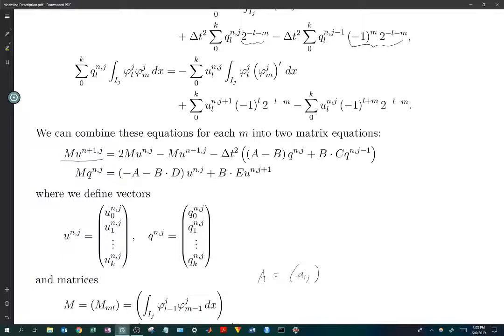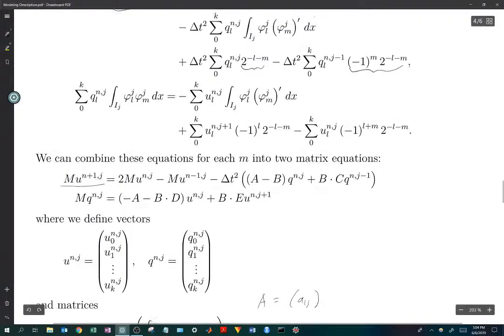The matrix needs to correspond to the index of the m value, not the m value itself. So the first row of this matrix corresponds to lowercase m equals 0, the second row corresponds to lowercase m equals 1, etc. That's why I have these l minus 1s and m minus 1s here.